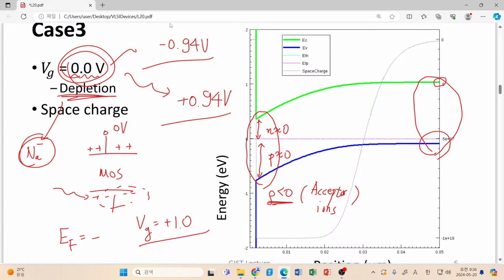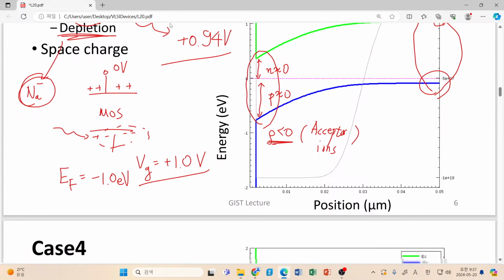Gate voltage is just 1.0 volt, and our Fermi level will be -1.0 electron volt. So it means that we can once again bend down in this part.